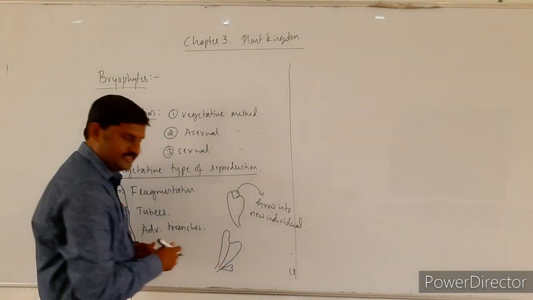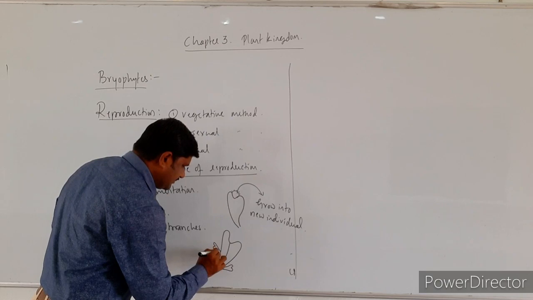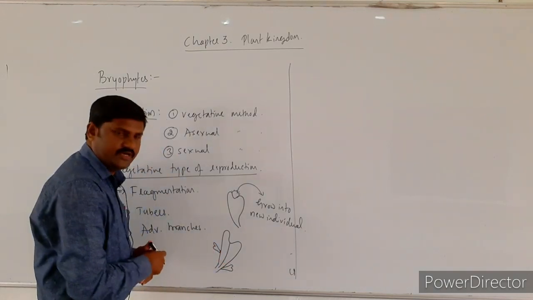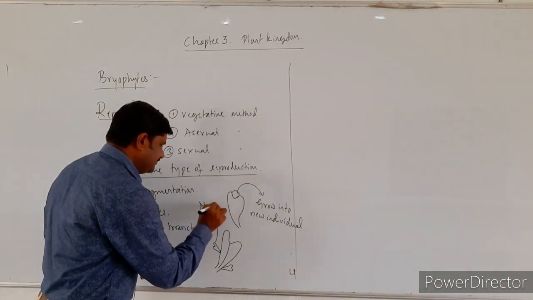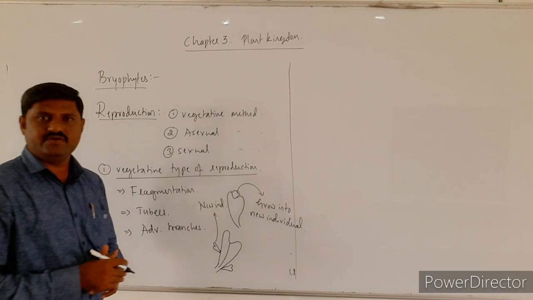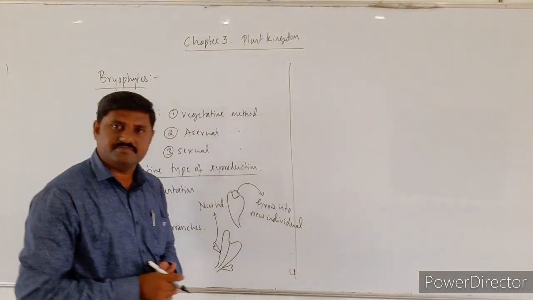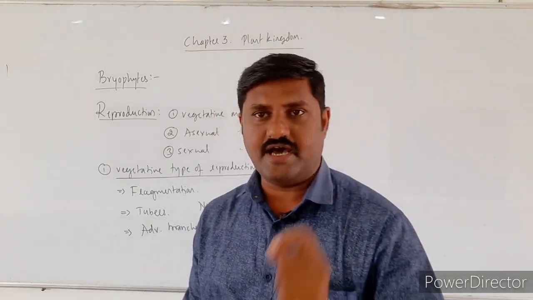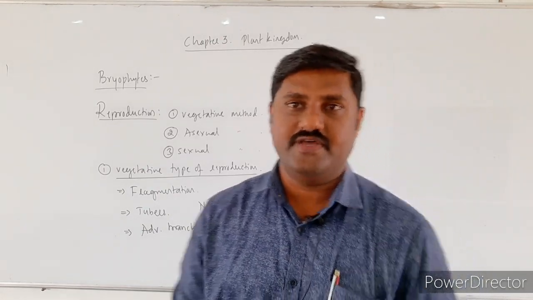When these adventitious branches detach from the plant body, they grow into a new individual. This is how adventitious branches lead to the formation of a new plant body. This is the vegetative type of reproduction that we have seen.